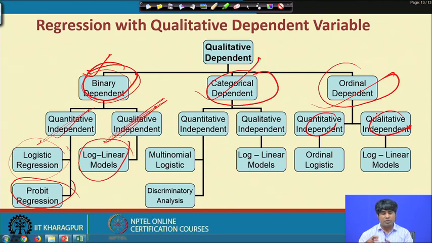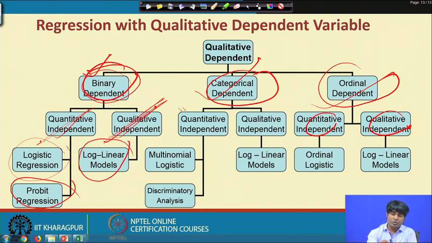That means binary dependent with quantitative independent, or binary dependent with qualitative independent, or binary dependent with both. The same structuring can be applied to categorical dependent, and again to ordinal dependent, and in between you will find various forms.